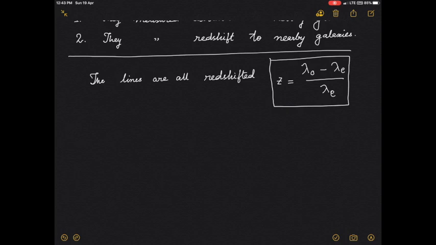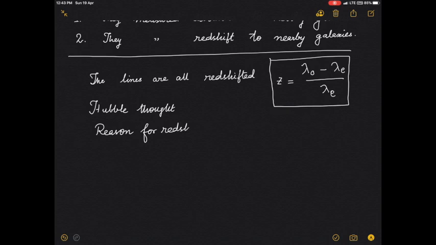And one reason for redshift, Hubble thought, is that the galaxies are moving away from us.